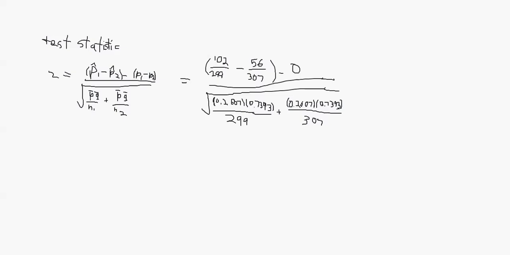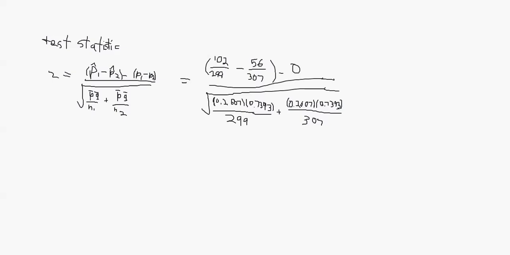So for the test statistic, we're going to be using the formula Z equals p hat 1 minus p hat 2 minus p1 minus p2 all over the square root of the mean p times the mean q over n1 plus mean p times mean q over n2.